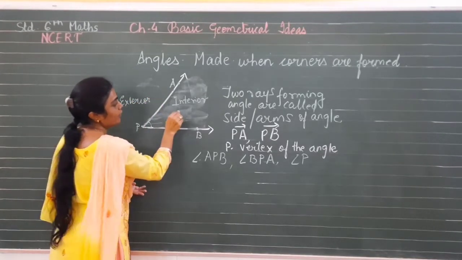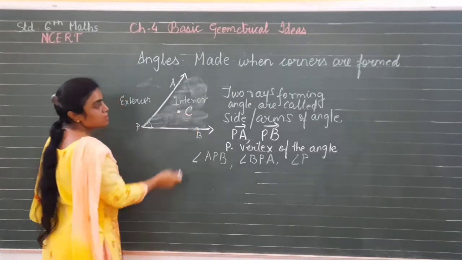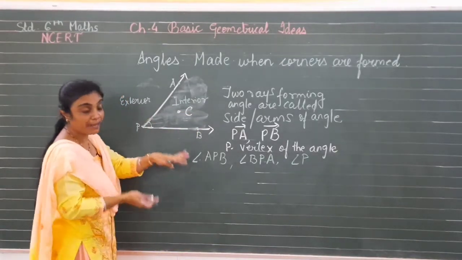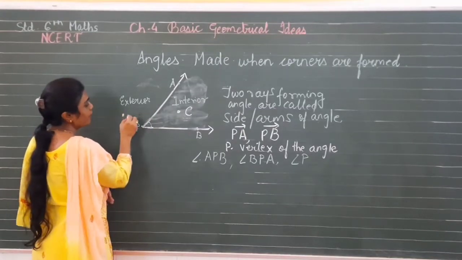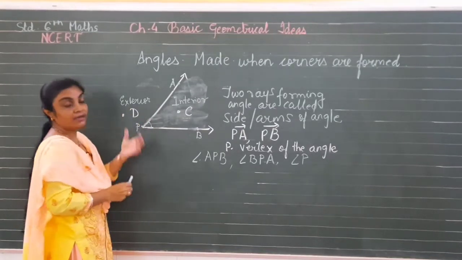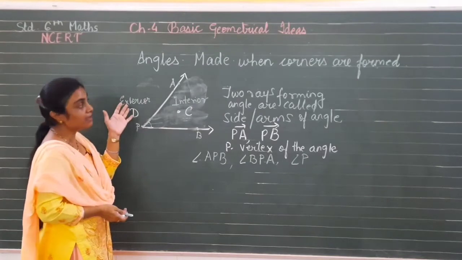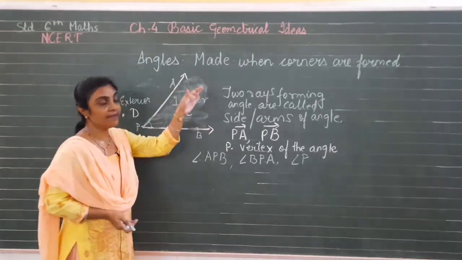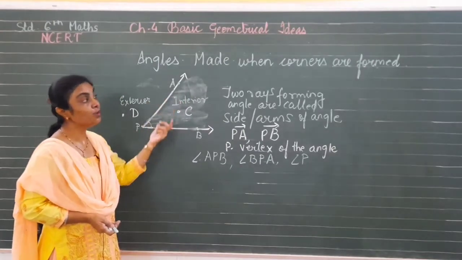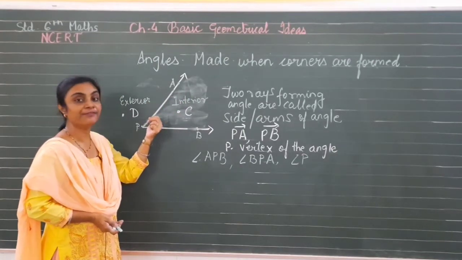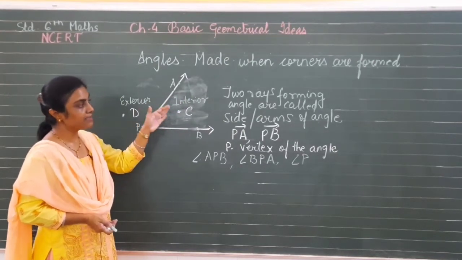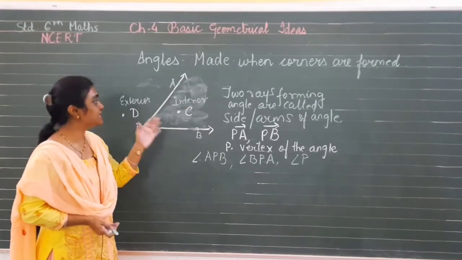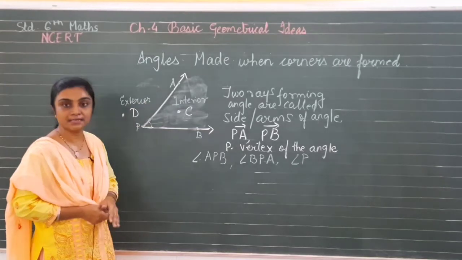Suppose I write a point C. So point C is in the interior of angle APB, and suppose point D. So D is outside the angle APB. So an angle is made up of two corners. Where two corners join, it becomes an angle. In this angle there are arms, there is a vertex, and we can see the interior and exterior portions.